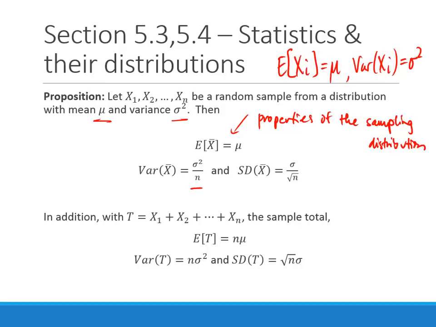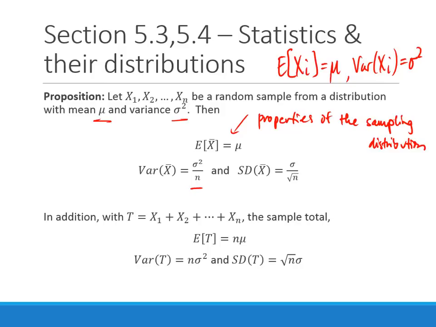So this formally backs up that picture that we saw previously. When my sample size gets bigger, my variance is going to get smaller. So the distribution is getting more and more clustered around a single point. And then if we happen to be talking about just the sum, which we'll call capital T, then we have a similar thing going on.